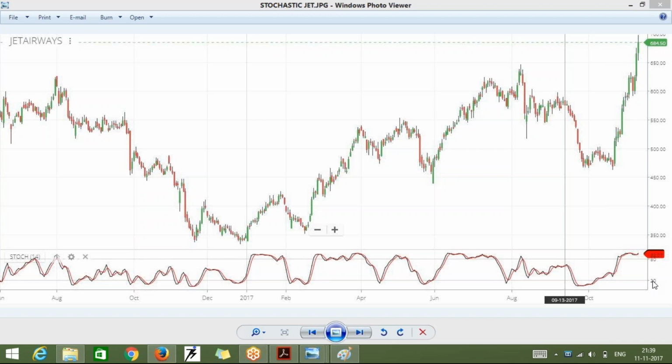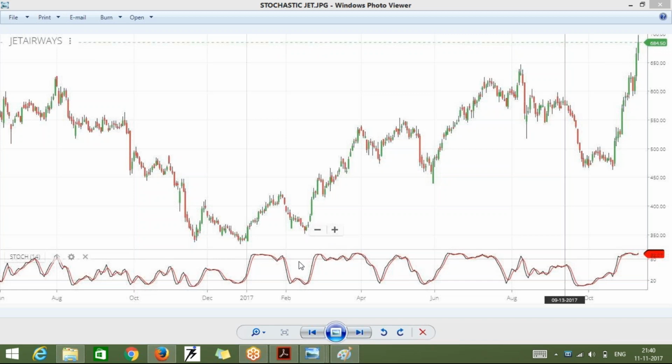You can increase this to the 90 level and this one to 10 if you are not willing to take risk, and decrease it if you are willing to take risk. Here itself you can see it is telling that it's in the oversold region, so you can buy. Exactly, see this candle over here, it went up from here.